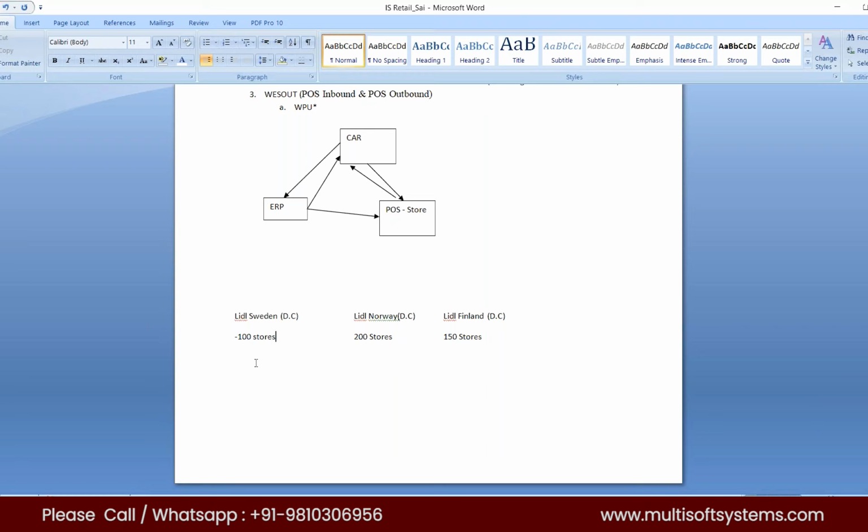For Lidl Sweden, it might have something like this. For example, let's take the sales org as 1000, and 10 as the distribution channel information. And for Norway, it might have 2000 and 10 as the distribution channel. And for Finland, it probably can have 3000 and 10. I will also come to the distribution channel process.